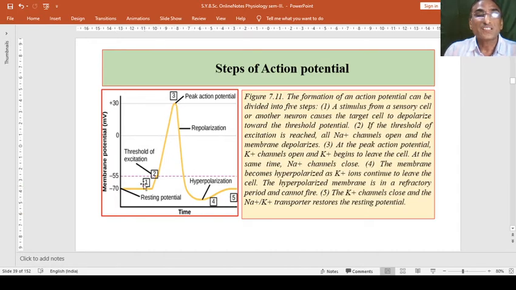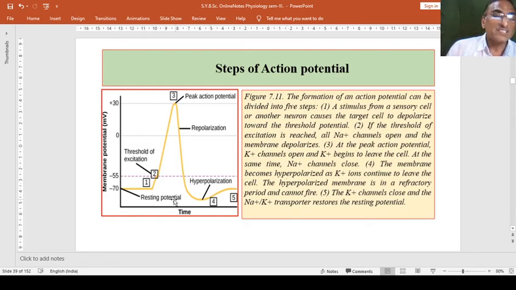This is the very beginning point, this is the initiation point, this is the depolarization point, this is the repolarization point. In between, this is the resting, resetting point. This drop below the normal level is nothing but the hyperpolarization, and in the final stage it becomes ready again for the further action potential.